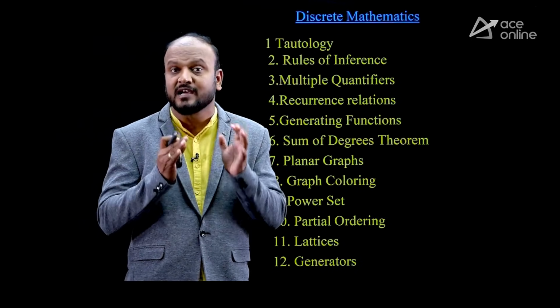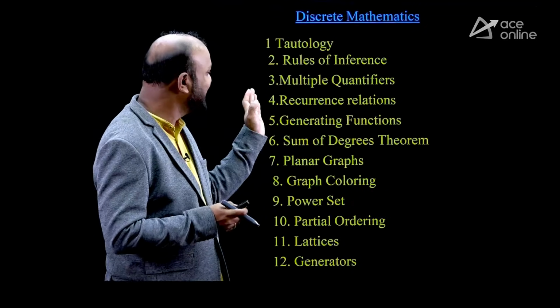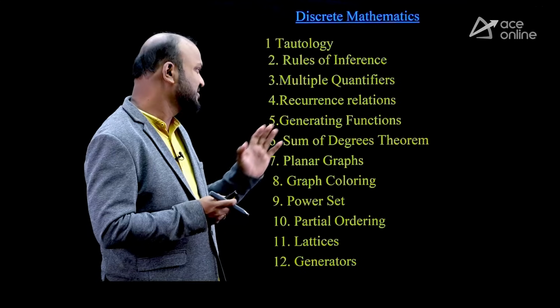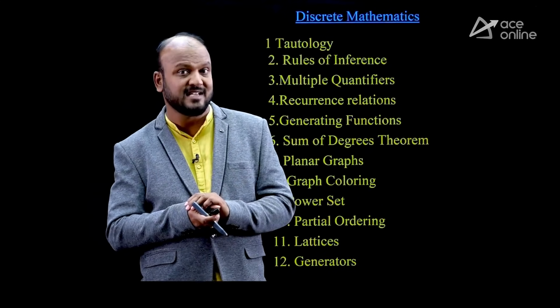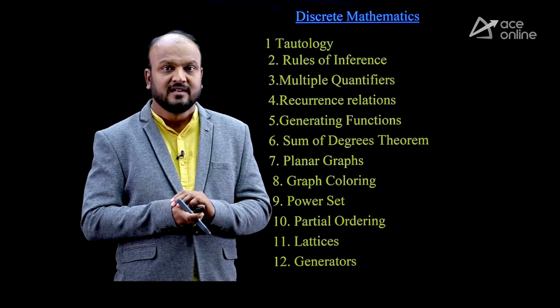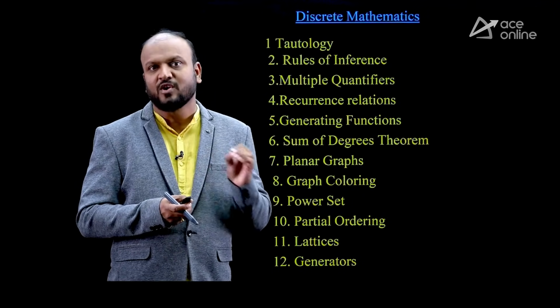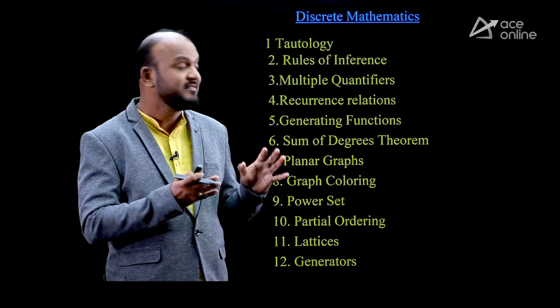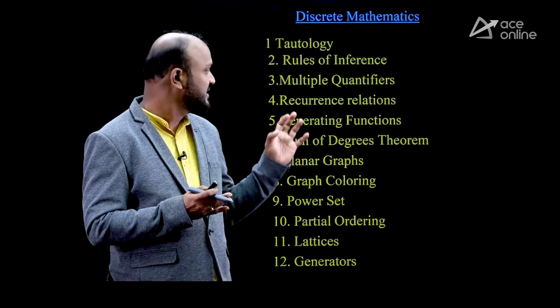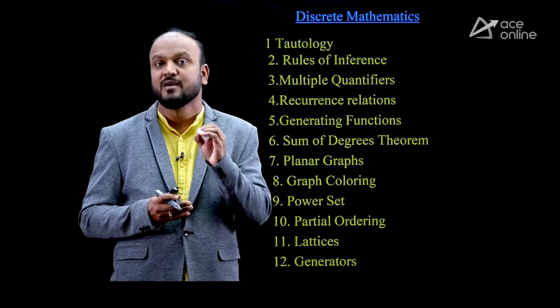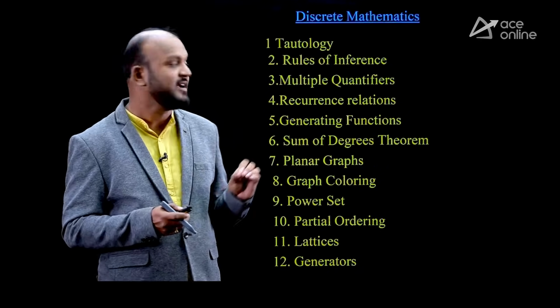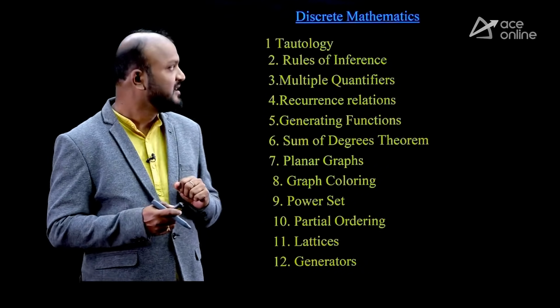The examiner can frame tough questions on multiple quantifiers and recurrence relations. There are examples in previous GATE where a student who prepared normally may not answer questions on multiple quantifiers and recurrence relations. So I strongly suggest you focus more on them.